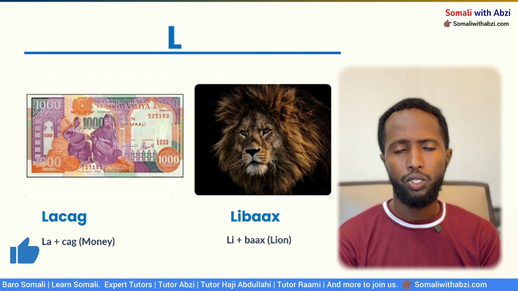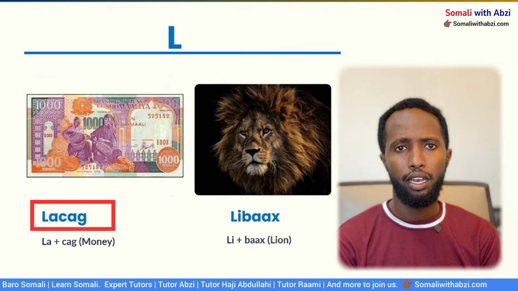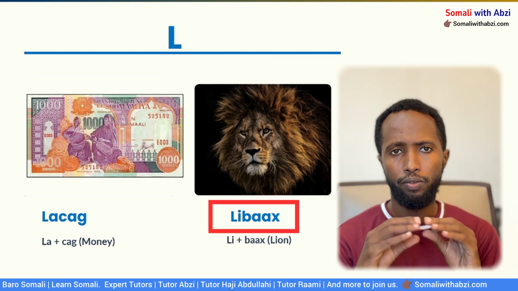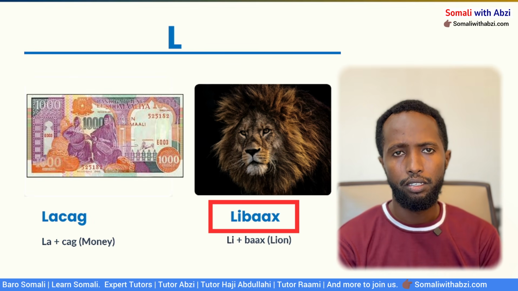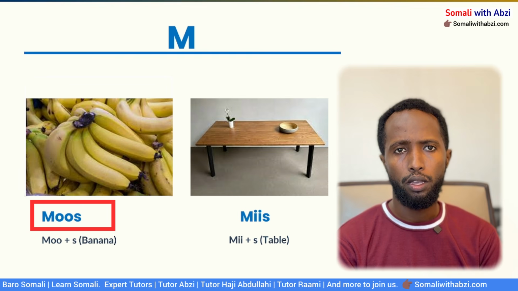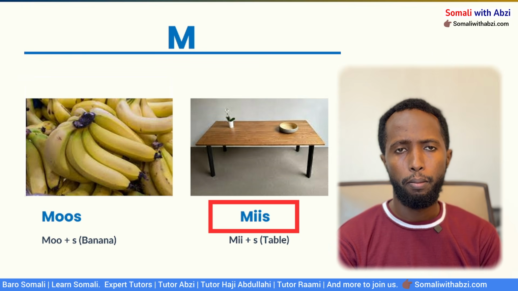And now we can see the letter la, like laag, laag, libaax, libaax. We can make it very long, libaax. And now we can see the letter ma, like mooyaal, mees. We can make it very long, mees.